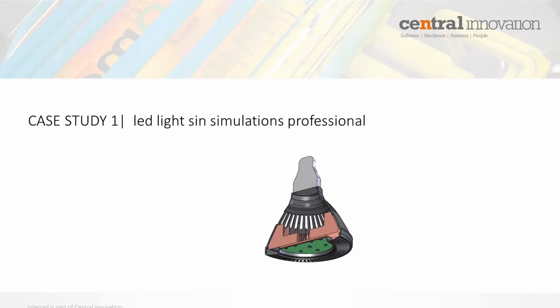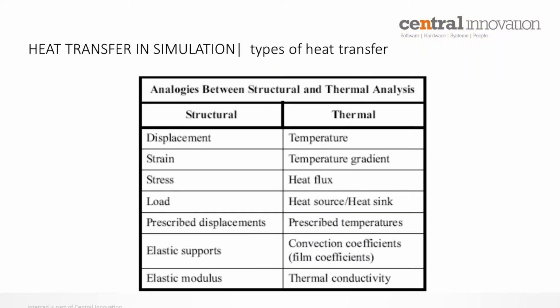Okay, so let's look at our first case study, and I've got a typo I forgot to take out. We're going to look at an LED light simulation in Simulation Professional. Before we do that, we just want to take one little PowerPoint. For those of you that have already done structural analysis, there are some nice analogies that help us understand how to set up our thermal study. When we're talking about displacements as an output in a structural analysis, that has an analogy with temperature.